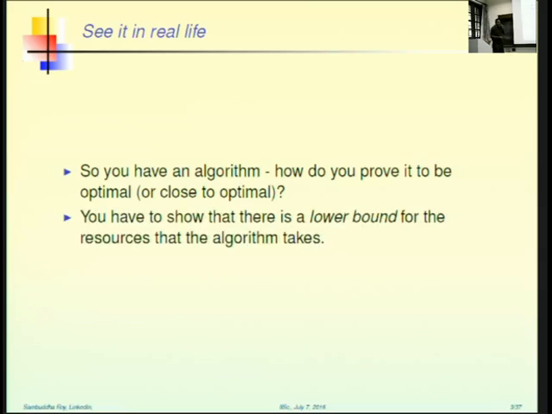So most of the proofs that we know of optimality of something talk about a lower bound, essentially a lower bound for the resources that the algorithm takes. Here we assume that we are talking about a minimization problem, so a lower bound makes sense.